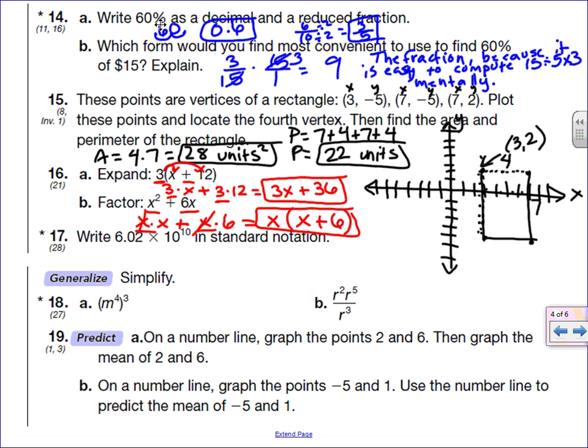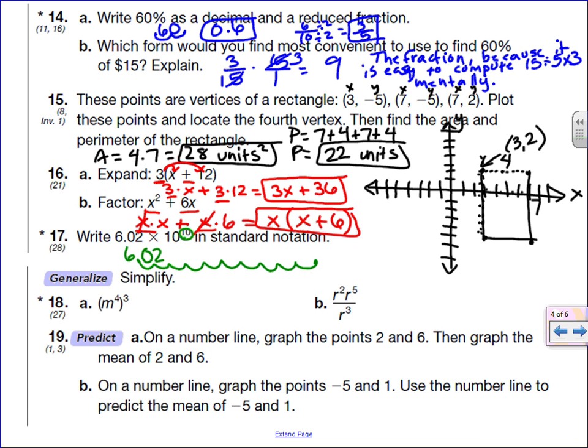Write 6.02 times 10 to the 10th in standard notation. So 6.02 times 10 to the 10th means I'm going to take this decimal point and move it to the right 10 places. 1, 2, 3, 4, 5, 6, 7, 8, 9, 10.